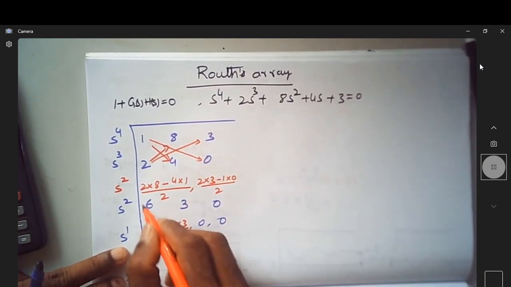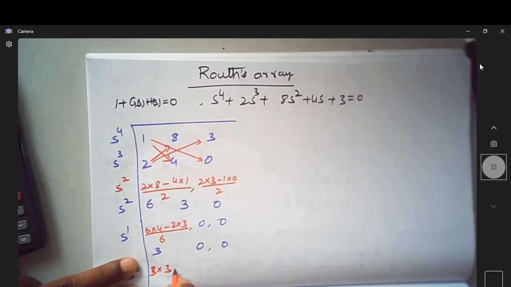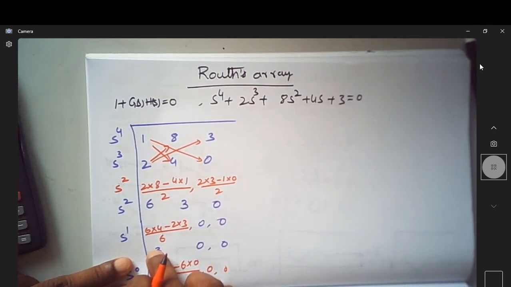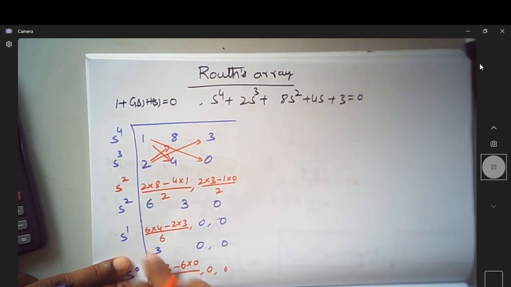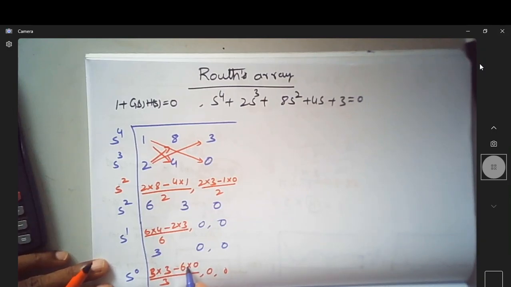It is this into this minus this into this. It's actually 3 into 3 minus 6 into 0 by 3. Of course it is 0, because 3 into 0 minus 6 into 0 by 3 happens to be 0. So this is 0, this 3 will go, and you'll end up with 3.